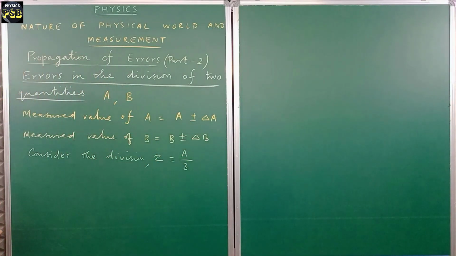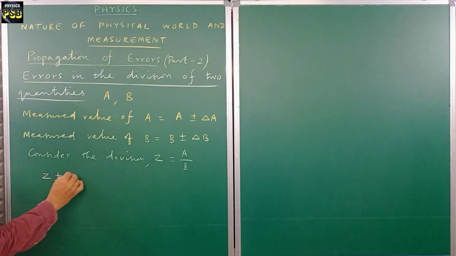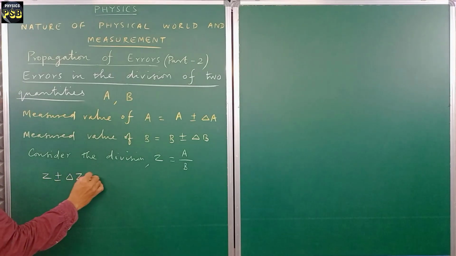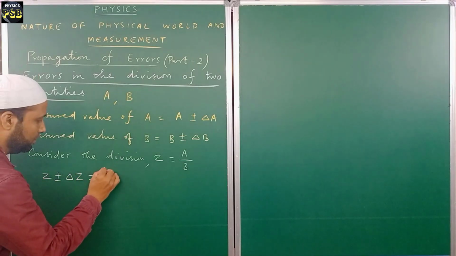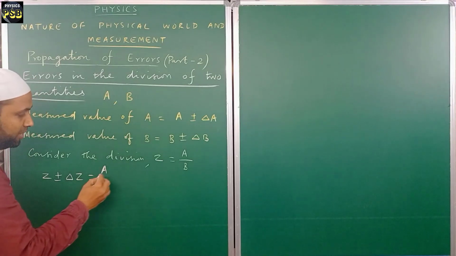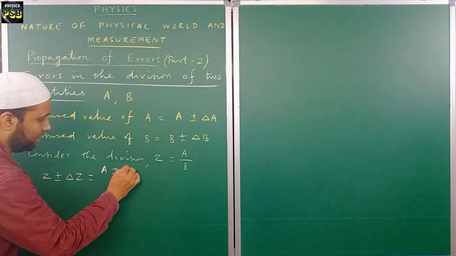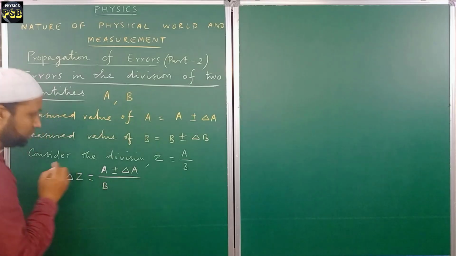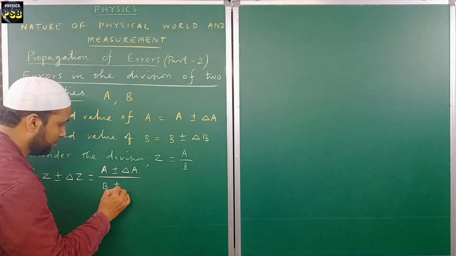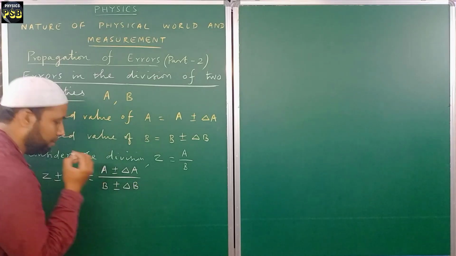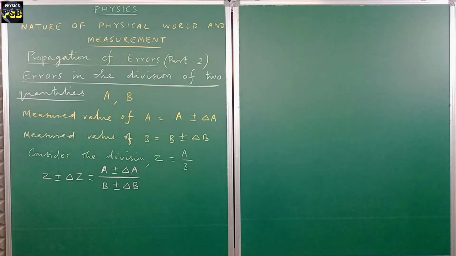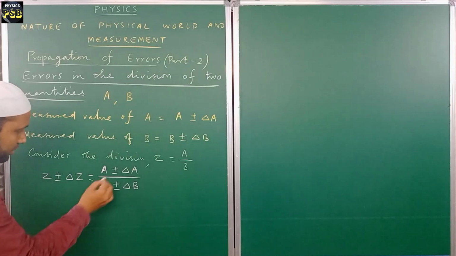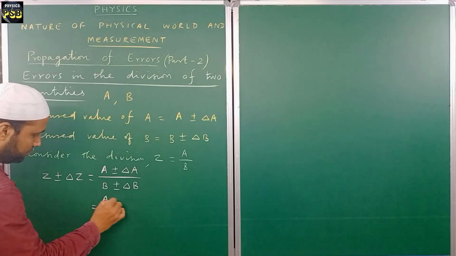Now, here I include Z with its absolute error, which is delta Z. Then I do the same thing with A and B: A plus or minus delta A divided by the measured value of B, which is B plus or minus delta B. Then I take A outside.